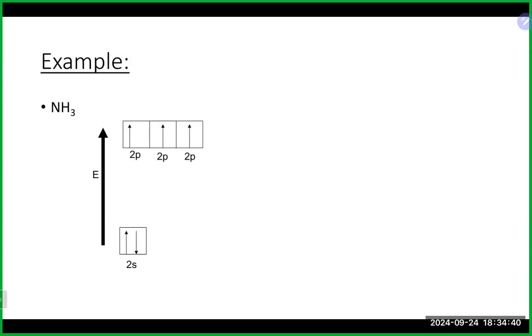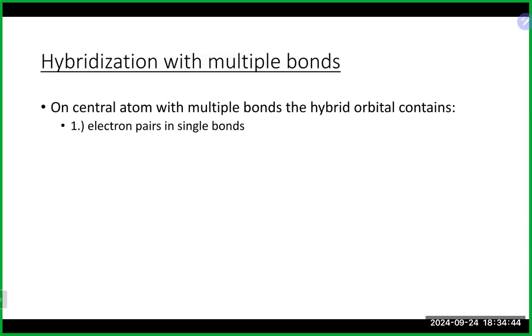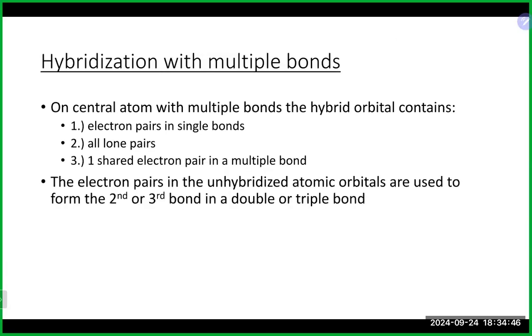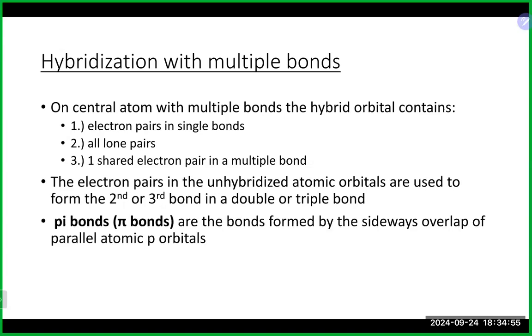So as I mentioned before, we just did our hybridization with our multiple bonds, double bonds and triple bonds. And again, our pi bonds are a result of that sideways overlap, and we get a different sort of overlapping than we do with a sigma, which comes basically straight at it.